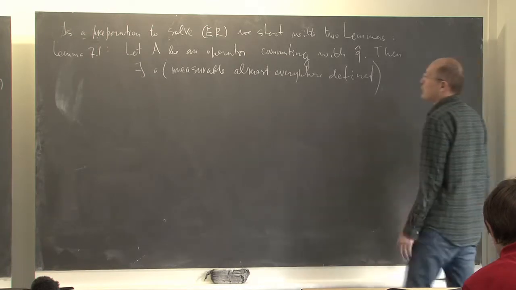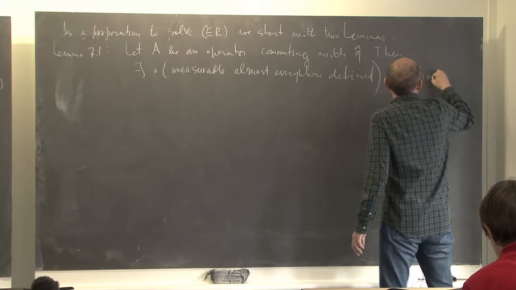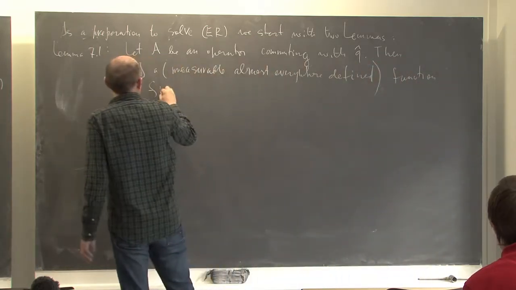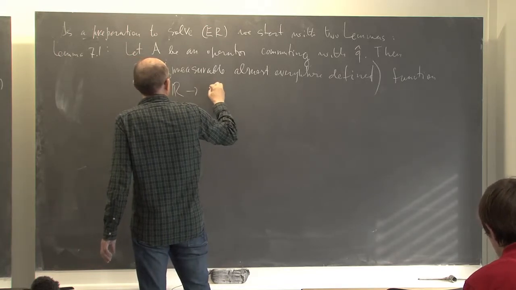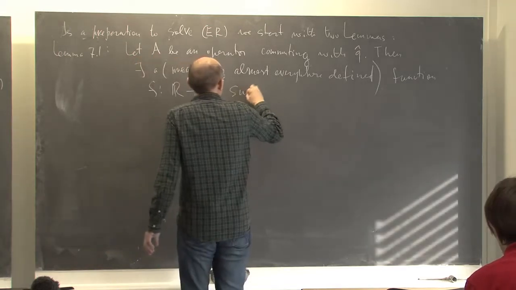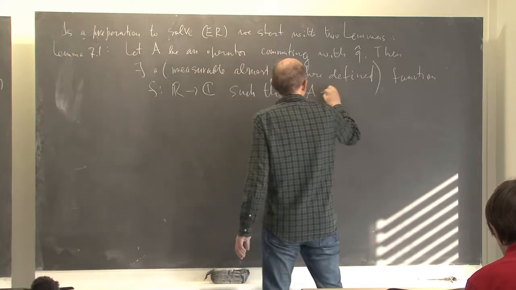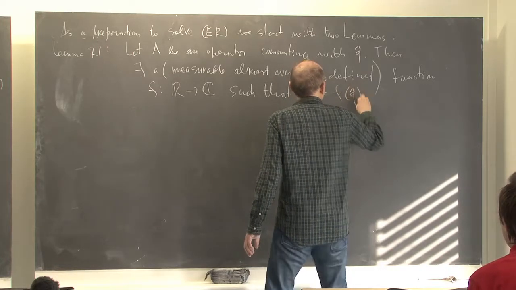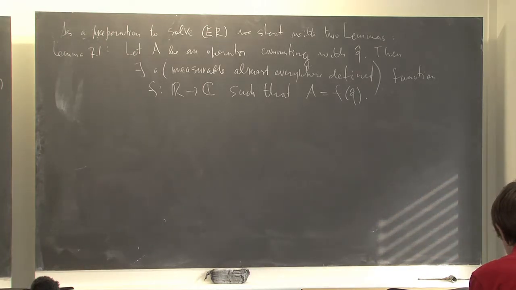Usually we omit all these words. We just say there exists a function f from the real line to C such that A is equal to f of Q. Saying it differently, any operator commuting with q hat is a function of q hat.